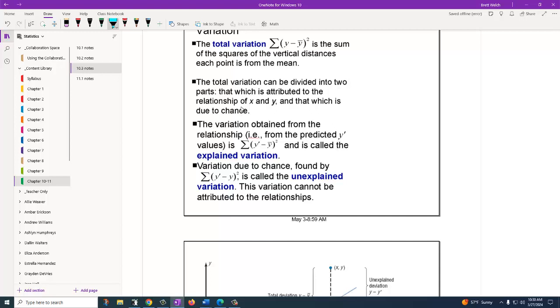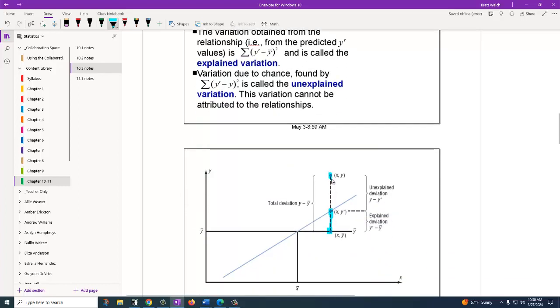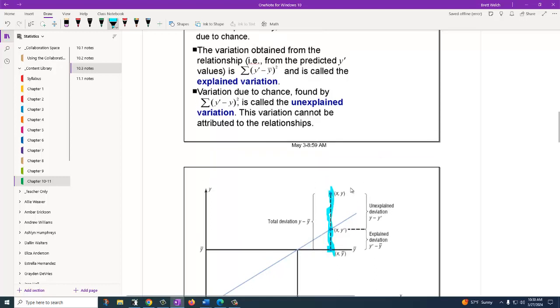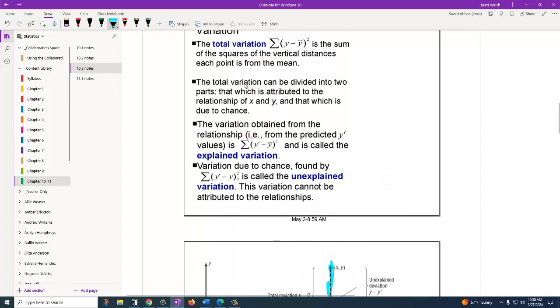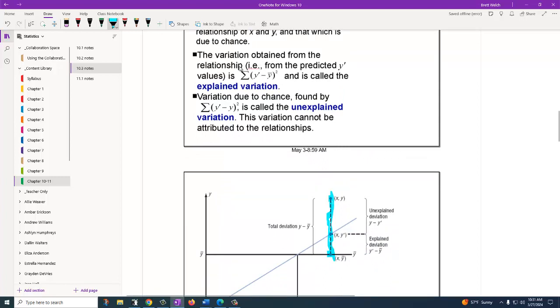The total variation can be divided into two parts: that which is attributed to the relationship of x and y, and that which is due to chance. The variation obtained from the relationship, from the predicted y prime, is y prime minus y bar squared, and the sum of that is the explained variation.